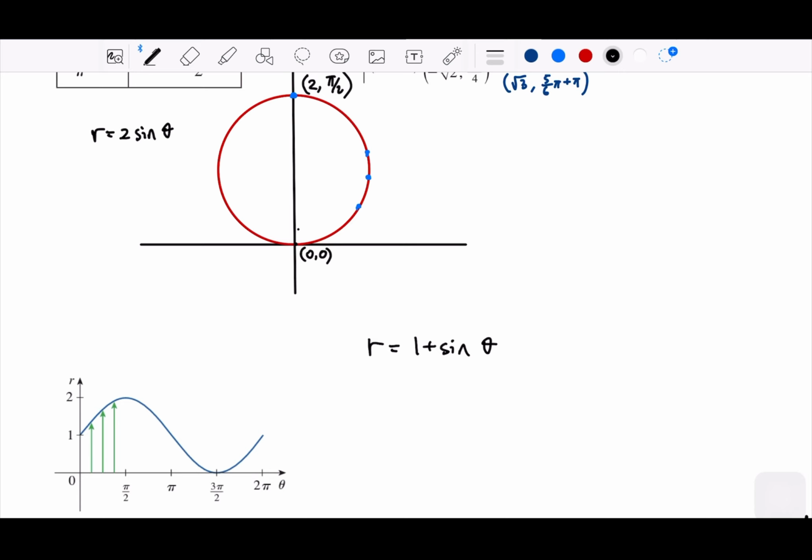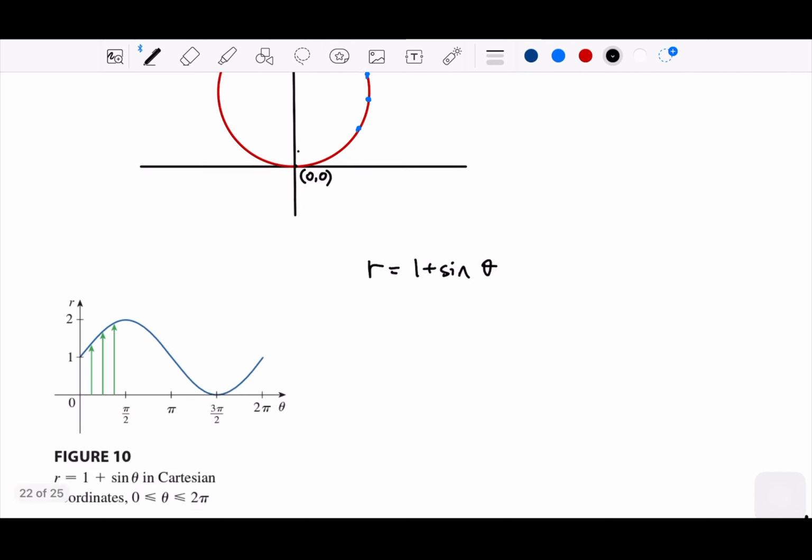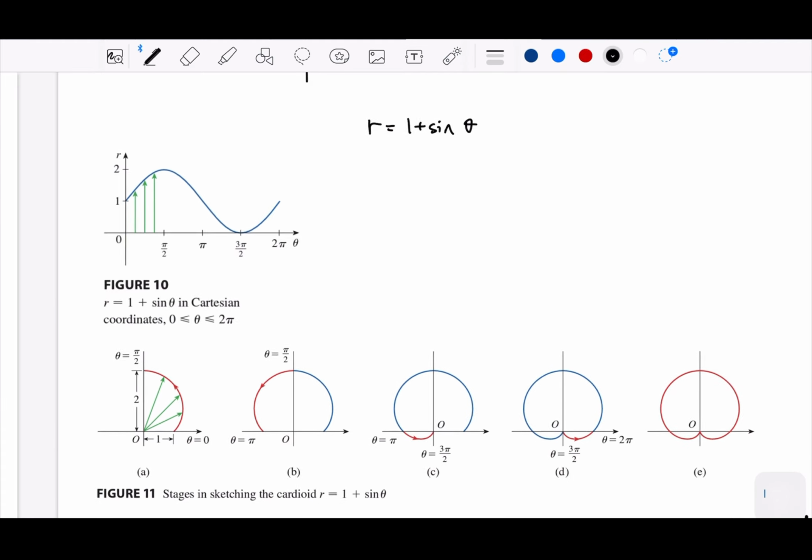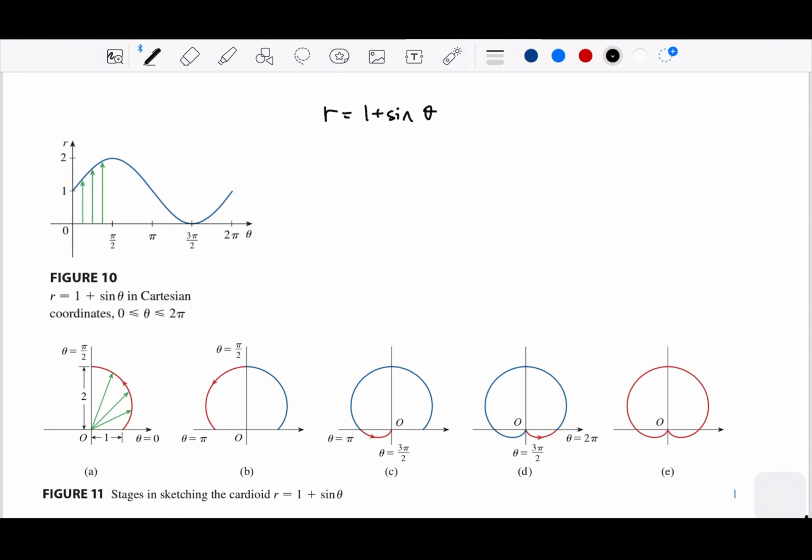Okay, and you know all the values for the r. And after that, put them into the polar curves. Okay. And this is how the cardioid will be.